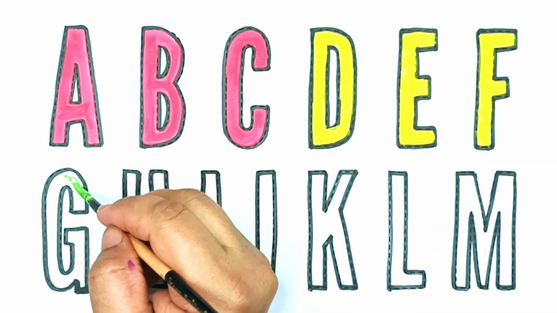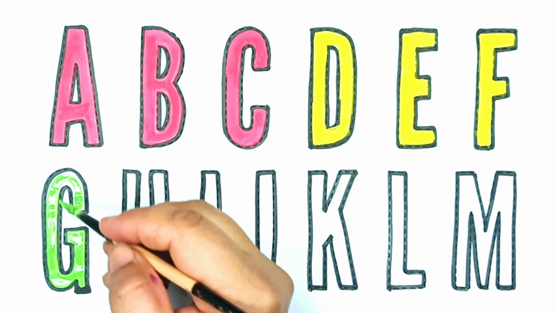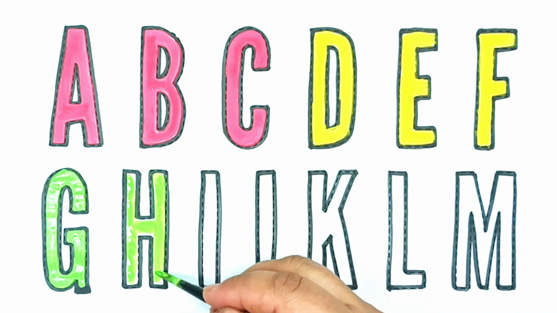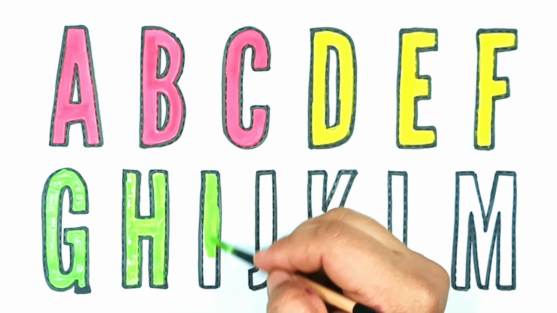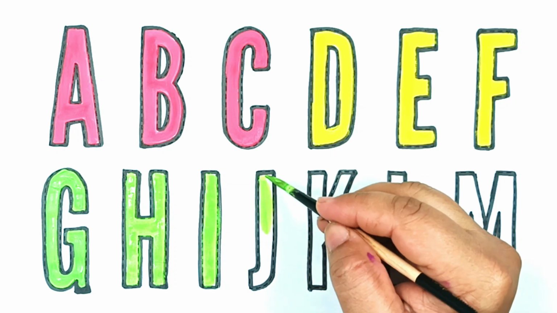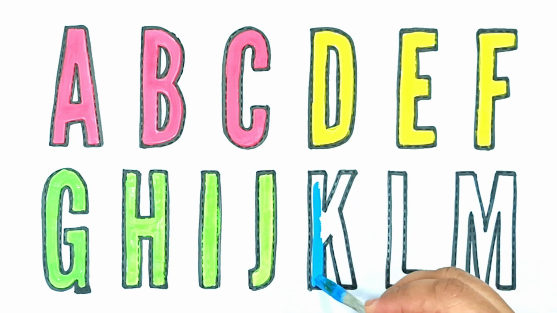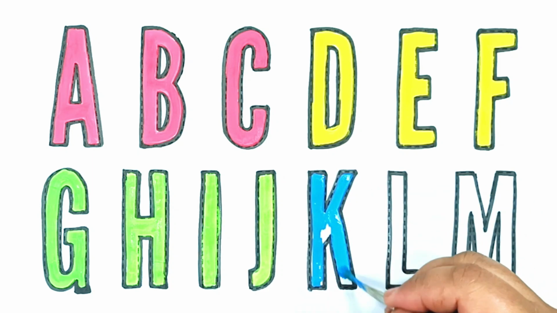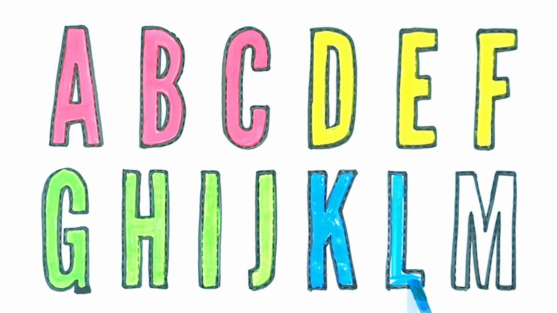F for frog. G for glass. H for hat. I for igloo. J for jam. K for kite. L for lamb.